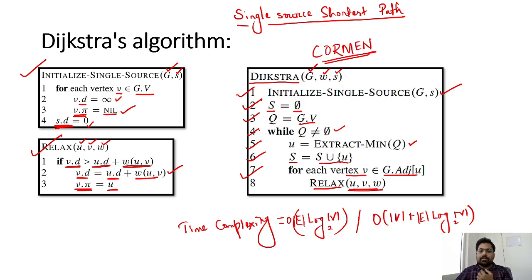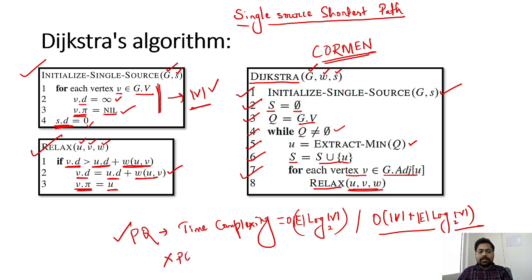Why? Because the first is the initialization you are using, which is V that you have taken, though E log V is greater than it, that is why we are just saying it's a value, but sometimes we can represent it in this way if you are using priority queue.